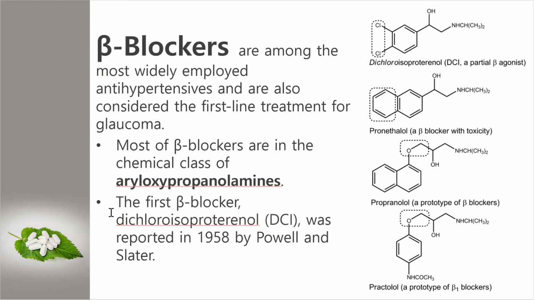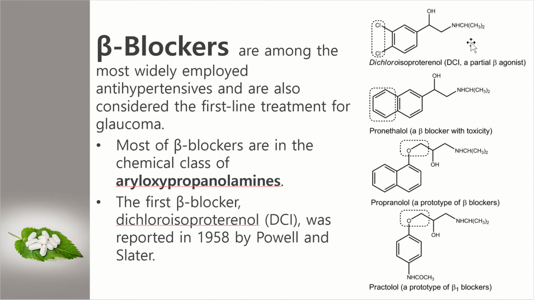And you know that I like to talk about history, in terms of who discovered the first type of this particular drug. The first beta blocker is DCI, dichloroisoproterenol, and it was reported in 1958 by Powell and Slater.